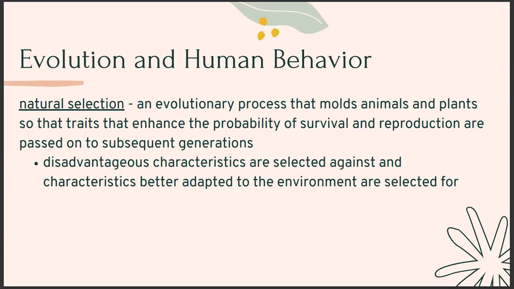Okay, next on to evolution in human behavior. I think everyone has heard of natural selection. This is an evolutionary process that molds animals and plants so that traits that enhance the probability of survival and reproduction are passed on to subsequent generations. So in terms of social psychology, we say that disadvantageous characteristics are selected against and characteristics better adapted to the environment are selected for.